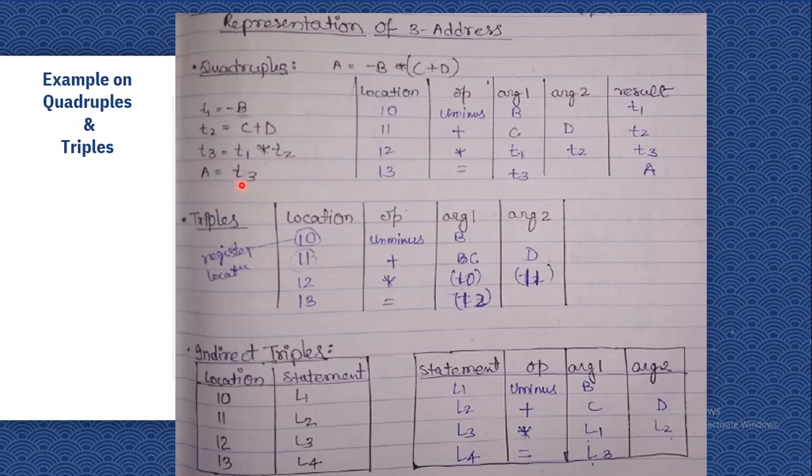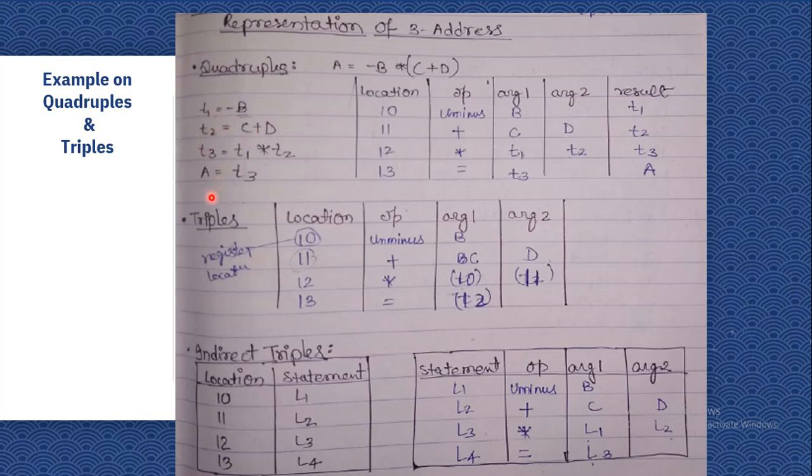If we are copying some value from one argument to another, it is in the form of three address code, and the operator used for copying values is the assignment operator, or the equal sign. That is the reason why here we are using equal as an operator, not in these other cases. Here we are not copying the value of t1 to t3, we are not copying the value of c to t2, and we are not copying the value of minus b to t1.